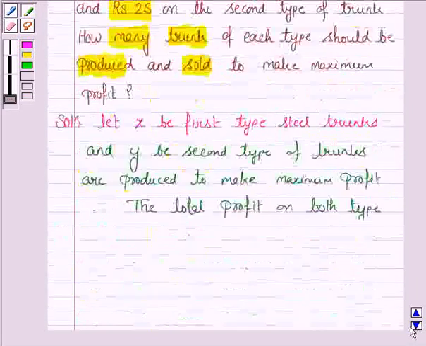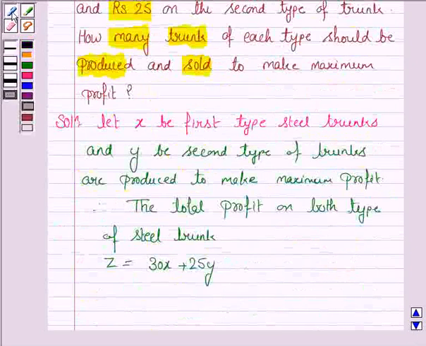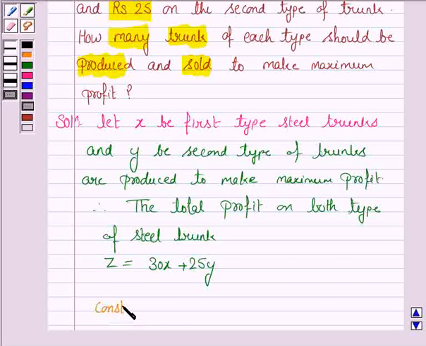So the first constraint is (3x plus 3y) less than or equal to 18, as the first type of steel trunk requires 3 hours on machine A and the second type requires 3 hours on machine A.